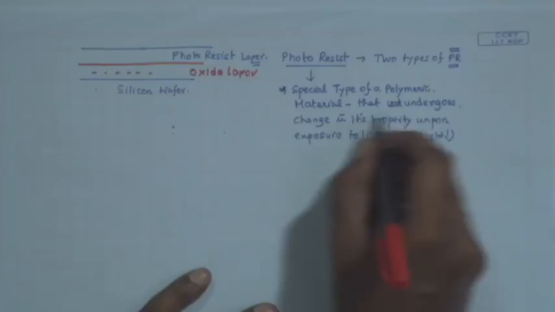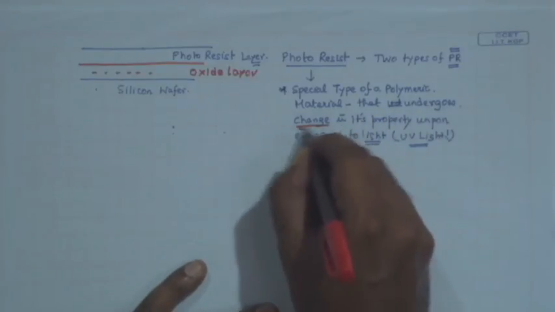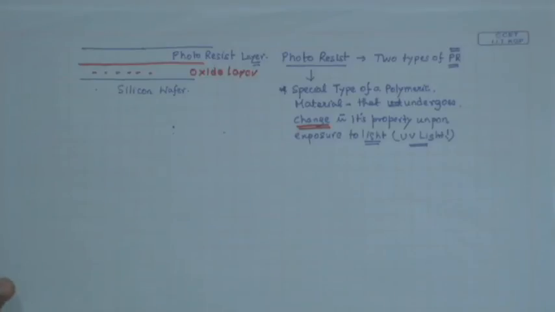One of the statements is that it undergoes change in its property. So what type of change does it undergo upon exposure to light? This change can either lead to strengthening of the photoresist or it can lead to weakening of the photoresist. So there can be two completely different types of materials.